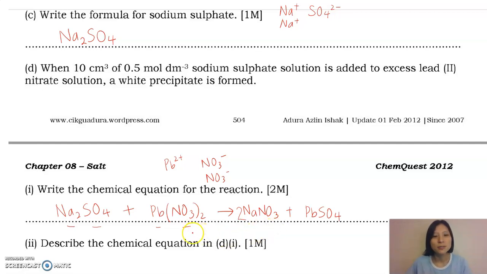Now describe the chemical equation. Describe. So you have to write in a sentence what this equation is about. Right? So you just write how many moles produces how many moles and how many moles. Okay? So we write 1 mole of sodium sulfate, everything in full words. Okay, this is a solution.